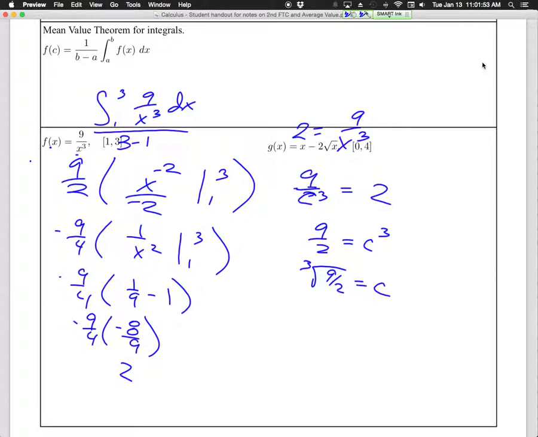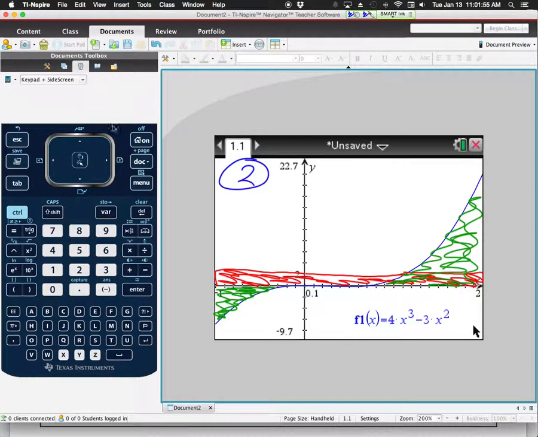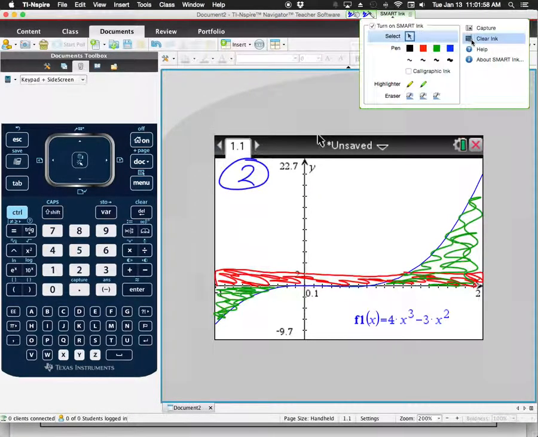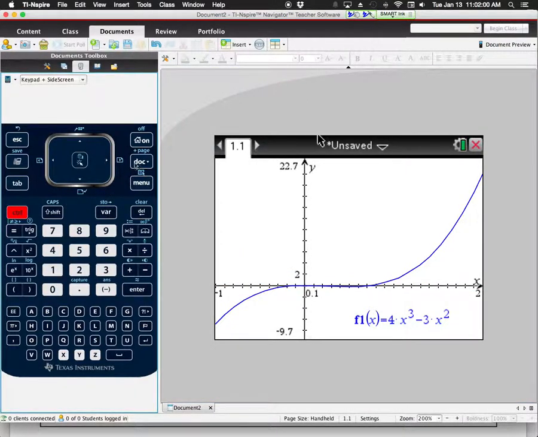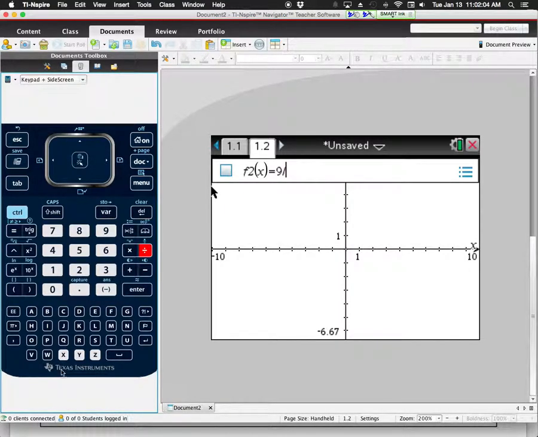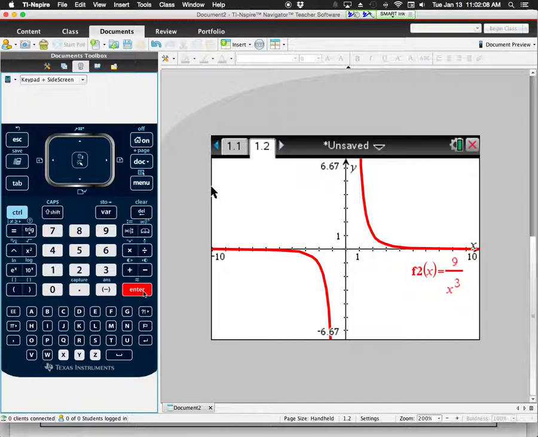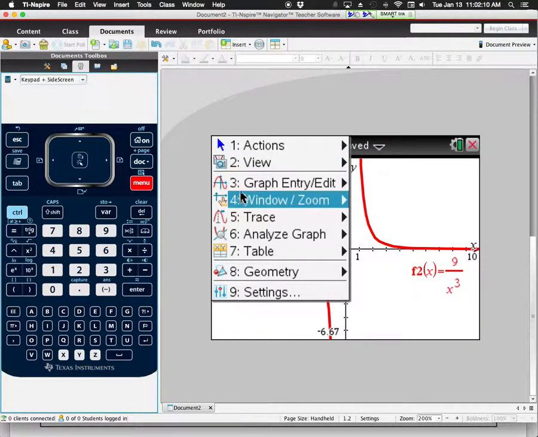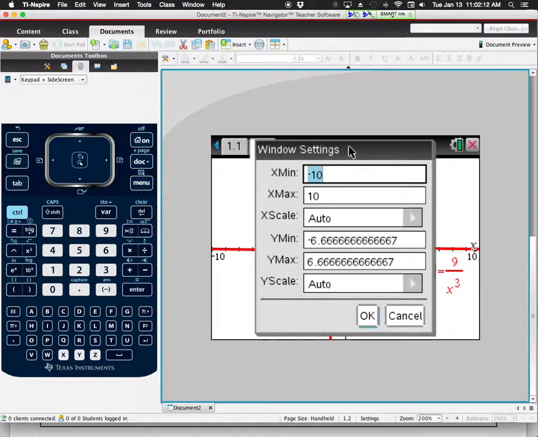So let's verify that on our graph. All right, add a graph. It was 9 divided by x cubed. Is that correct? Yes. 9 divided by x cubed. We need to do our window. What was my window from where to where? 1 to 3.